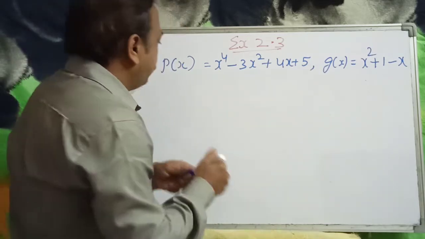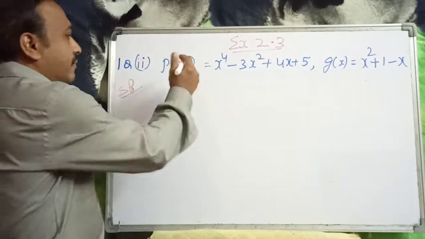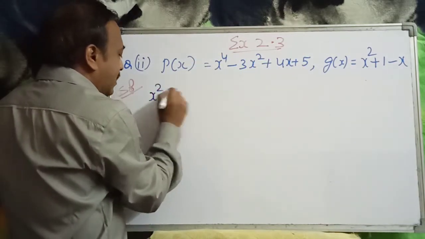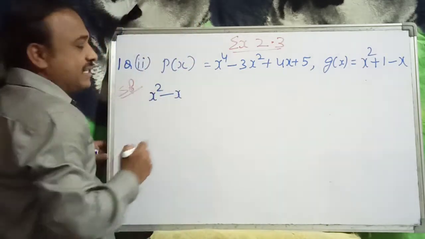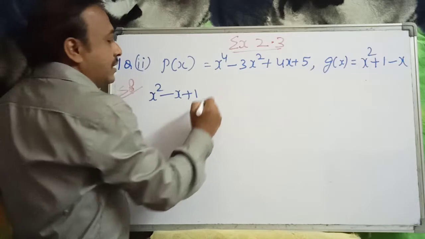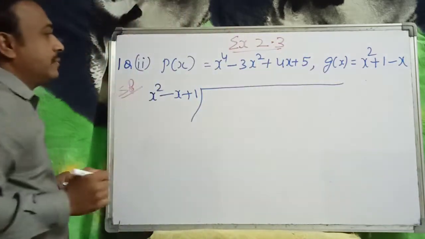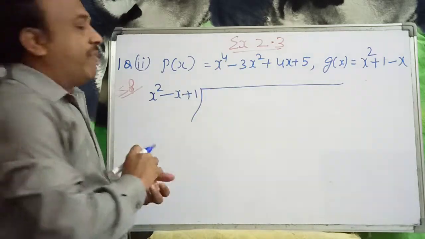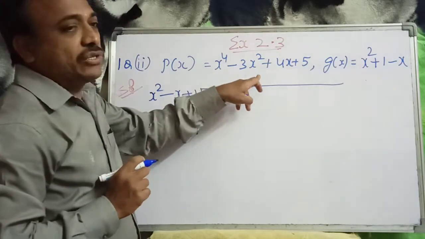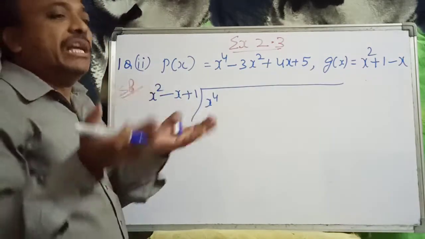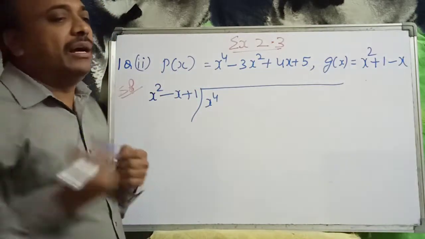So this is normal long division. The divisor is x square minus x plus 1. Now look at this: x to the power 4, next minus 3x square is there, but the x cube term is missing. If you write the x cube term as 0 into x cube, that will be easy for us to do the division.